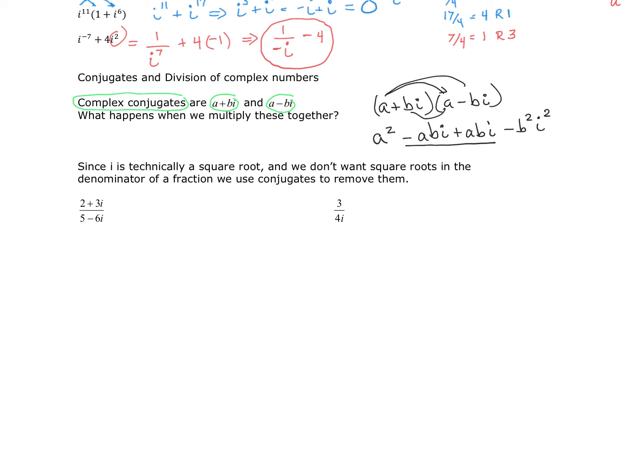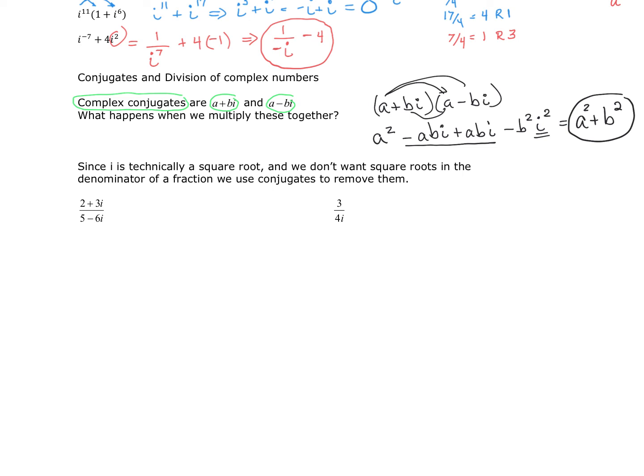These two will add to 0. And because i squared is negative 1, my final result is a squared plus b squared. So notice that I took two complex numbers that had i, and by multiplying them together, I was able to eliminate the i's. So we're going to use that fact when we divide our complex numbers.